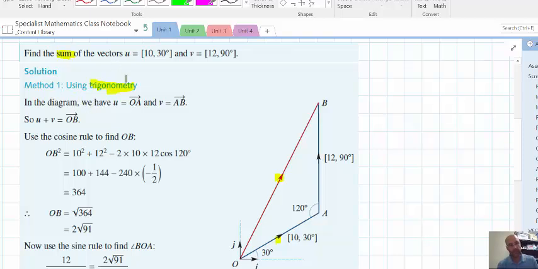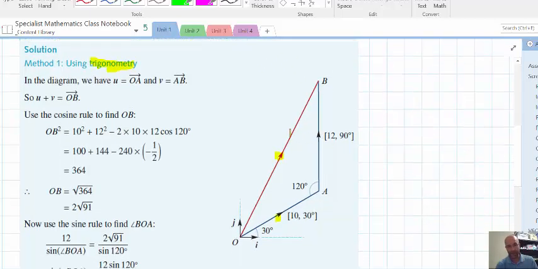So in the diagram, we need to define u and v in terms of some central position O. So if we've got u plus v, we need to add them together. They've got u equals OA, so there's u or OA there, and we've also got v, which is AB.